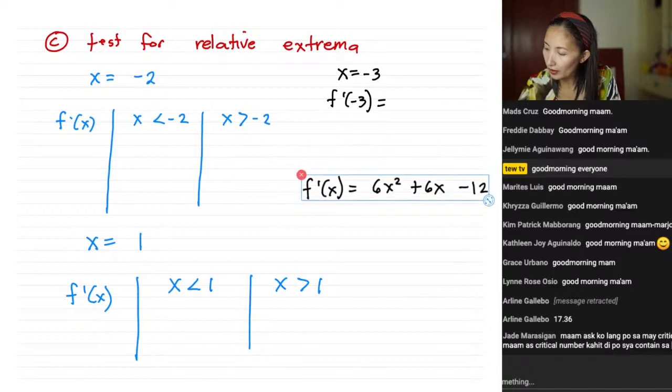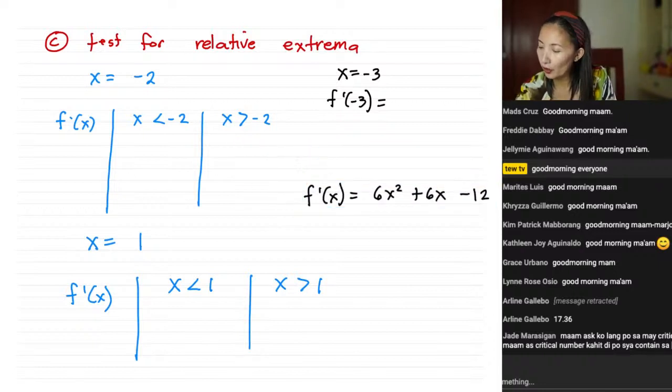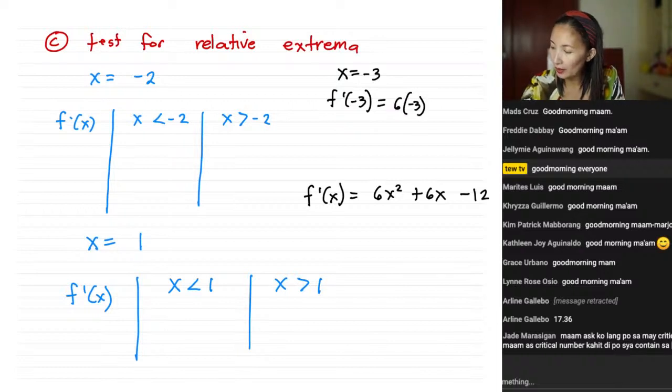So what is f prime of negative 3? That will be 6 times negative 3 squared plus 6 times negative 3 minus 12.